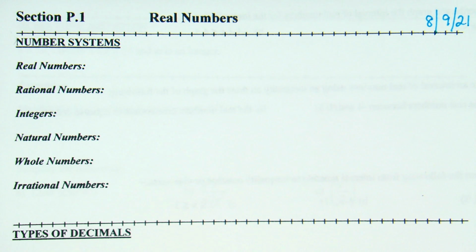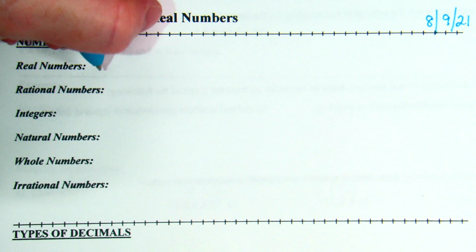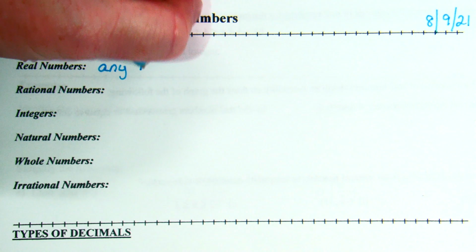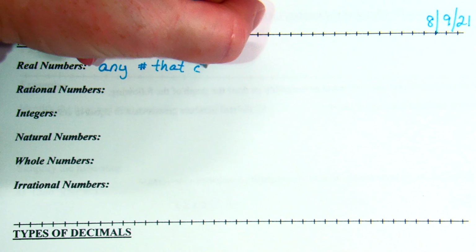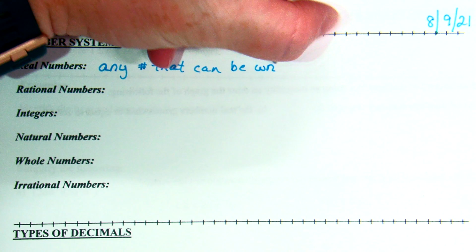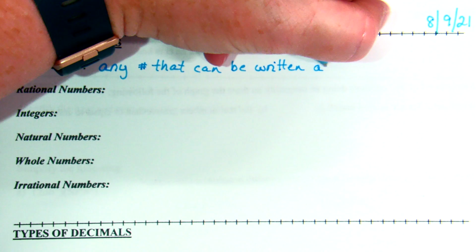I have it written in my notes as any number that can be written as a decimal. Okay, but it's not imaginary. So however you want to put that in your notes is kind of up to you. I'm going to say any number that can be written as a decimal.